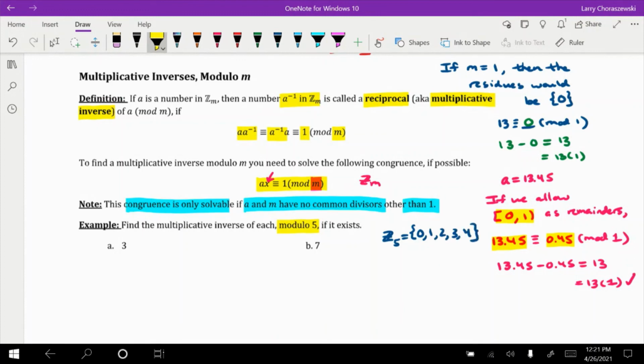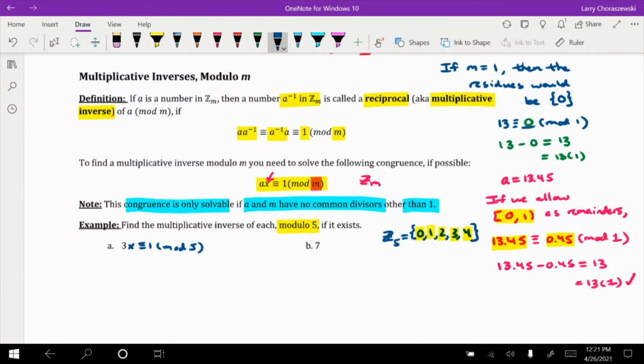Now, every number in this set is relatively prime to 5 because the only divisor of any of these numbers with 5 is 1. So every single number in here should have a multiplicative inverse. Now, if we try to find the multiplicative inverse of 3, we'd have to solve the equation 3 times x is congruent to 1 modulo 5.